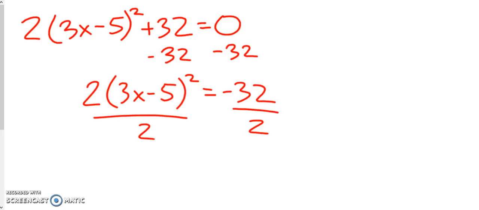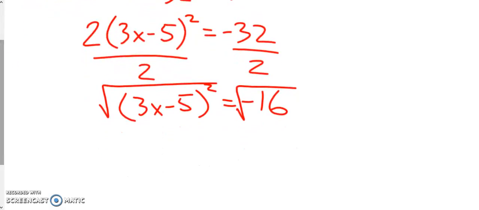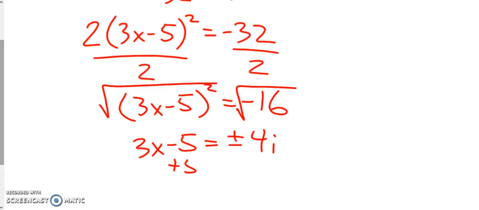Divide by 2. Take the square root. 3x minus 5 equals plus or minus 4i. Add 5.